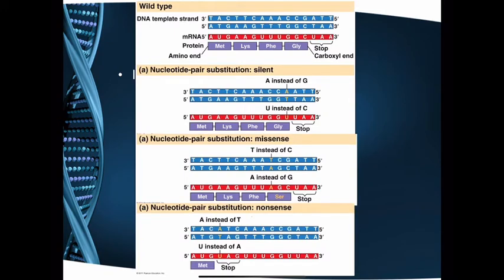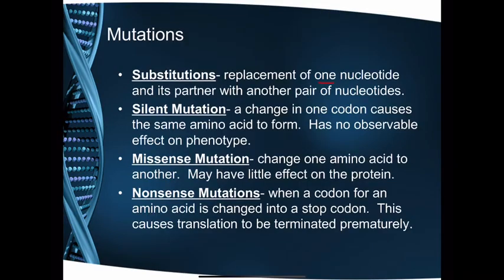Let's go ahead and go back. A silent mutation is when you have a change in a codon that causes the same amino acid to form. I mentioned this in a lesson last week. So let's say, I'm making this up, let's say GCC makes the amino acid serine, but also GCA makes the amino acid serine.